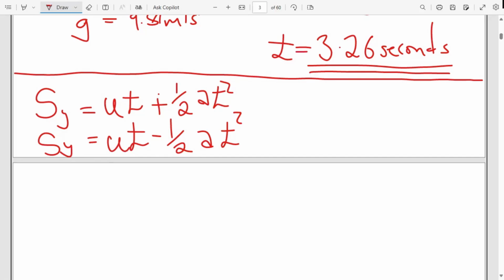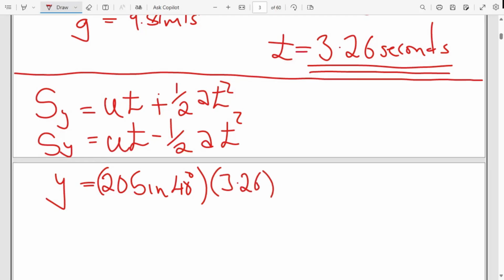And we can plug in the values. Displacement in the y will be equal to the initial velocity in the y, 20 sine 40 degrees, multiplied by the time, 3.26, minus half times 9.81 times 3.26 squared.